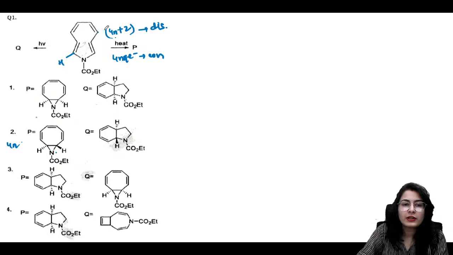This hydrogen and this hydrogen, ठीक है, ये दोनों carbon, they are going to have a total of 6 electrons. So when you do the cyclization, both the hydrogen are going to end up on the same side. तो एक 6-membered ring भी बनेगी, and along with that you are going to have the cis junction.